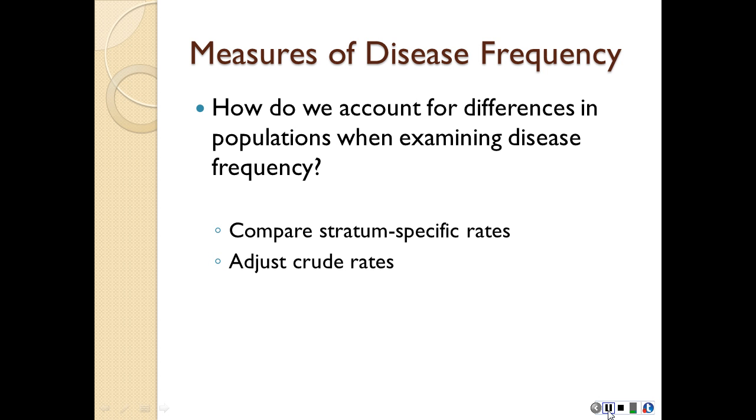Now, stratum-specific would mean we would stratify men and women, and we would compare the women to the women, and we would compare the men to the men. An adjusted rate, we would mathematically take out the effect of gender. So we'll get to the math behind it later. But we would mathematically take out the effect of gender, and then we would put one number. So we would still compare the EPI class to the women's studies class. We would have one number to do it, but we would have mathematically removed the variability due to gender. We'll talk about how that happens in a second, so don't worry about it.